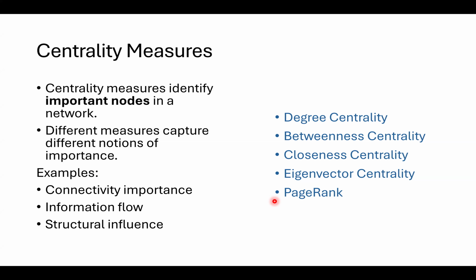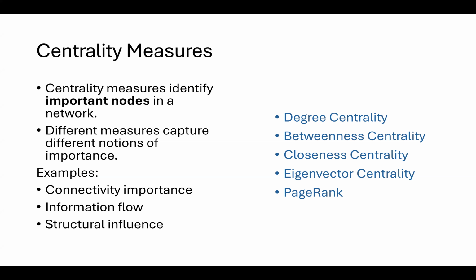So in this study, I evaluate five commonly used centrality measures: degree centrality, betweenness, closeness, eigenvector, and PageRank. These measures capture different aspects of node importance, such as connectivity, information flow, and structural influence. And this allows us to analyze how node importance differs between the email communication network and the road transportation network.